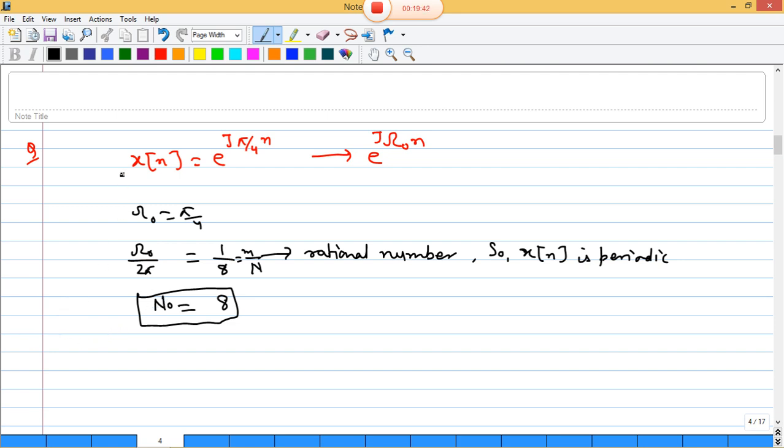Now next question. Suppose x of n is given as cos of pi by 3 n plus sine of pi by 4 n. Then we have to find out whether this xn is periodic or non-periodic, and if this xn is periodic, then find out the fundamental time period. Okay, how we can check or how we can find out.